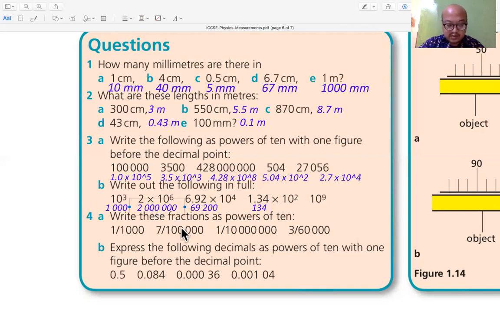Okay, last one, 10 power 9. This is equal to 1, and we have 90. Okay, that's it. I hope you understand about this.